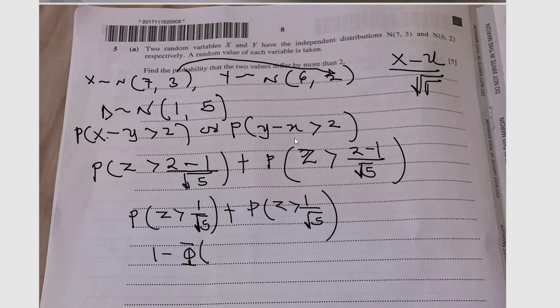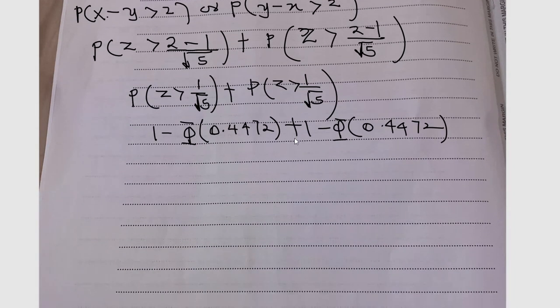That gives us 0.4472, plus 1 minus phi of 0.4472. So we have 1 plus 1 is 2 minus 2 phi of 0.4472.